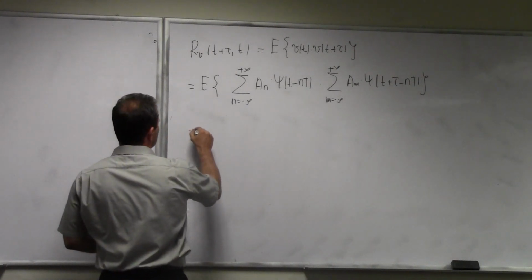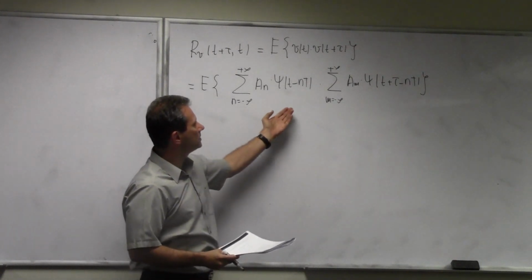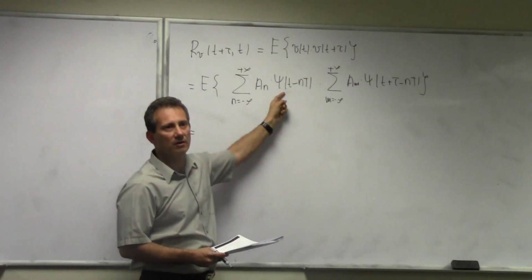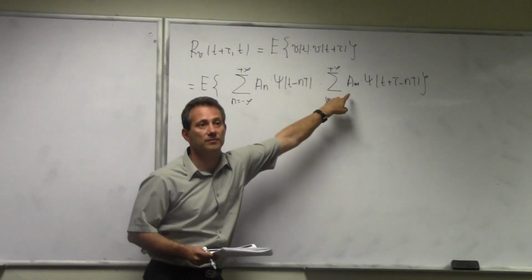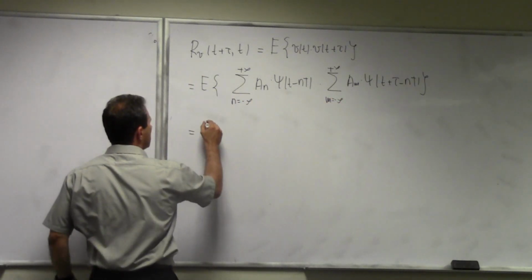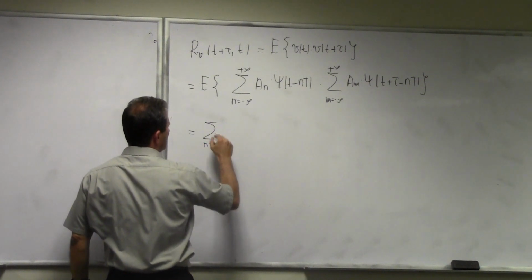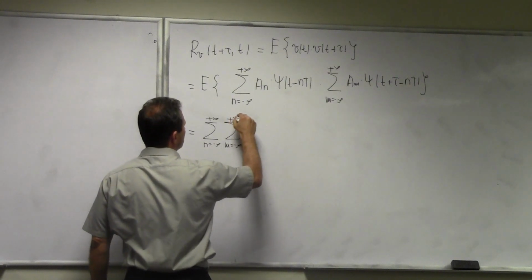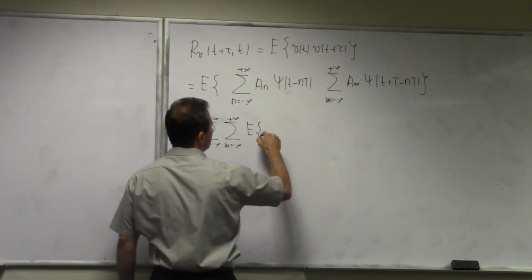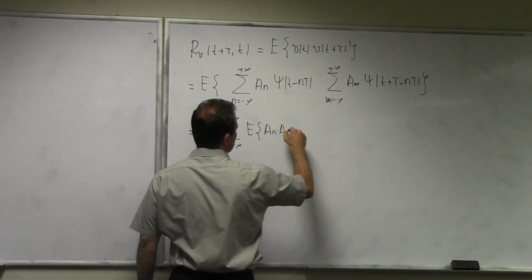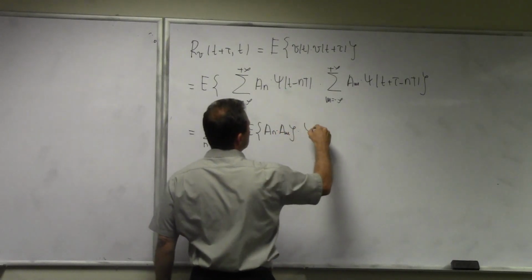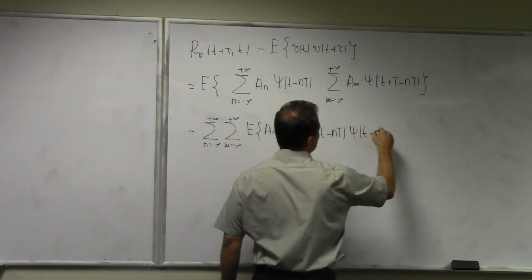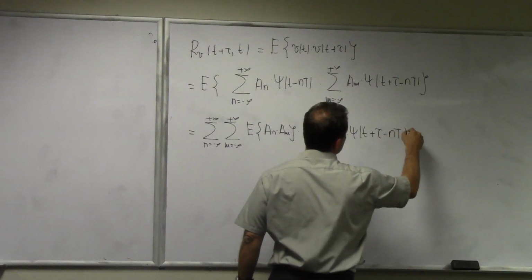If I look at what is deterministic and what is random, these psi's are deterministic, so the expected value operates on the product of the two a's. So this becomes the sum over n and the sum over m, from minus infinity to plus infinity, of the expected value of a_n times a_m, times psi(t minus nT) times psi(t plus tau minus mT).